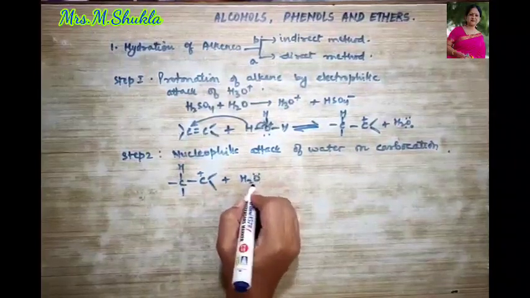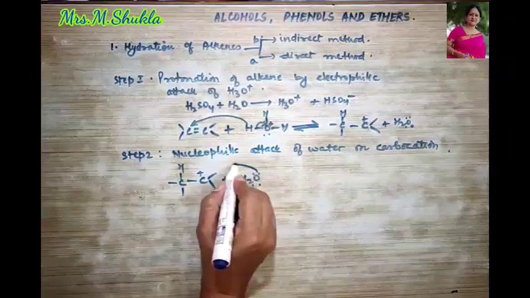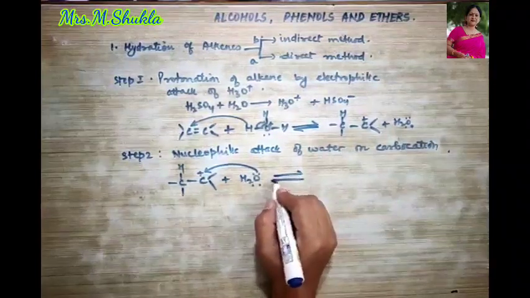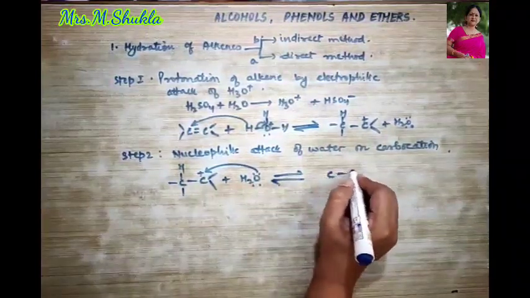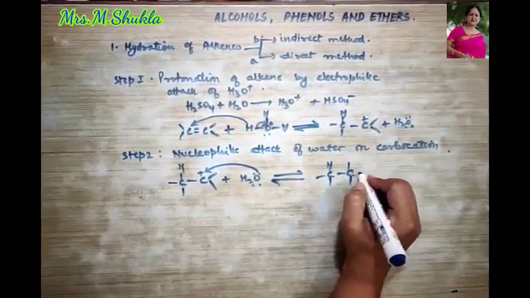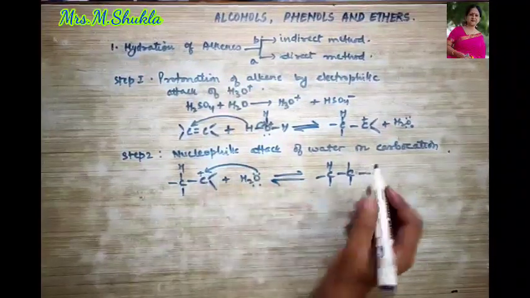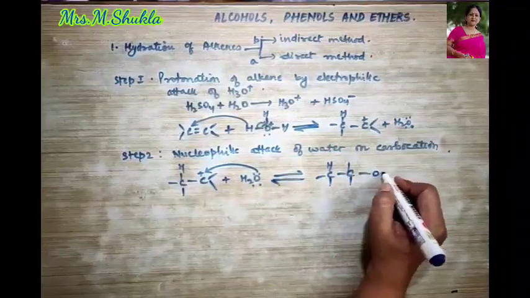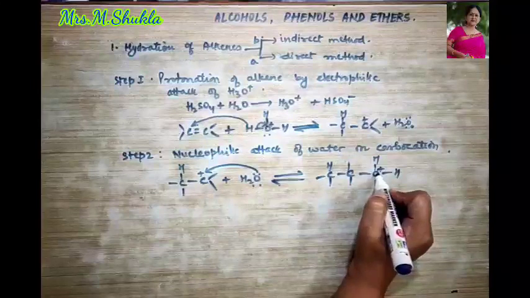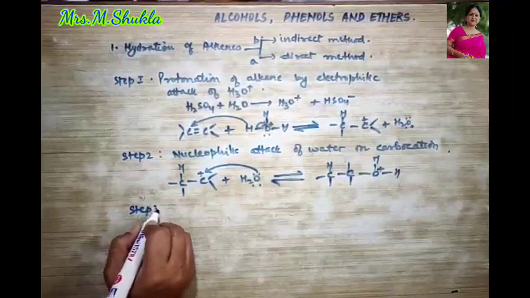This oxygen has a lone pair and needs positive charge, so it will attack the carbocation. And what is it going to form? Water will get attached to this carbon, and this becomes a positive ion, with the charge on oxygen.